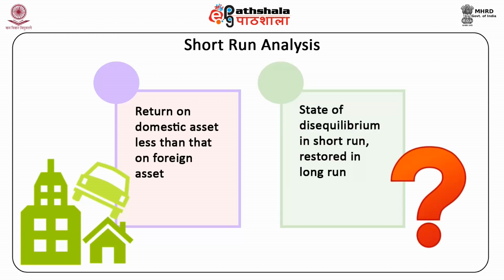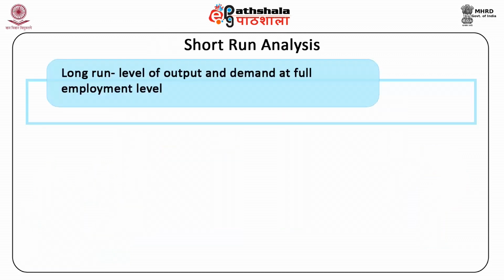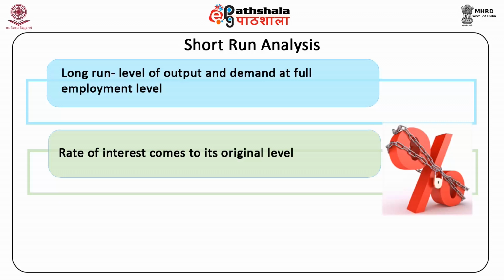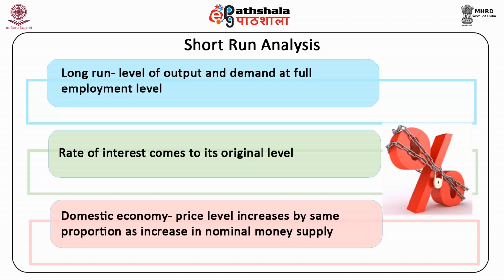How will equilibrium be restored, especially in the long run? In the long run, the level of output and demand for it must be at the full employment level of output. The rate of interest, too, must come back to its original level. The only change in the domestic economy will be that the price level would have increased by the same proportion as the permanent increase in the nominal money supply.